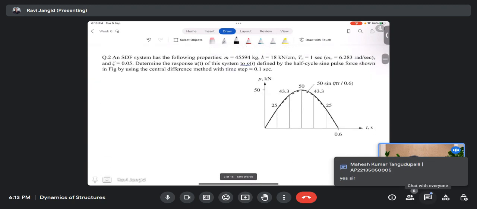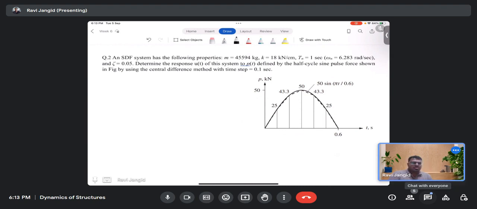So in the next question, we are given an SDOF system which has mass of 45,594 kilogram. Stiffness is given as 18 kilonewton per centimeter. Time period is given as 1 second, meaning omega is 6.28 radian per second. Damping is 0.055%.